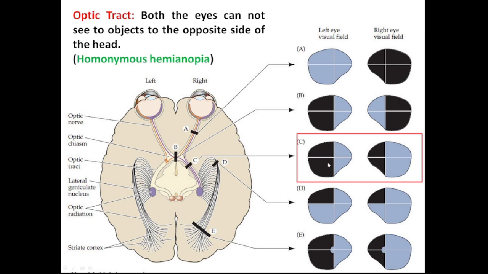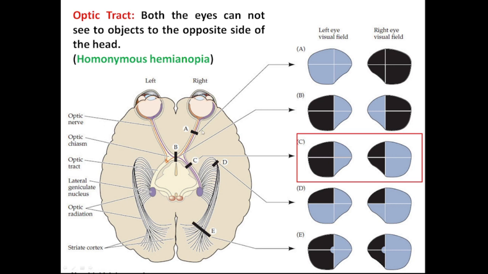The temporal part of the left eye will be damaged as the nasal fibers are being affected here. Nasal fibers are responsible for collecting the information from the temporal part of the visual field of the left eye. That's why the temporal part has defects.